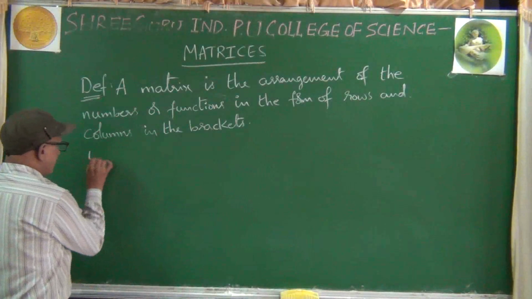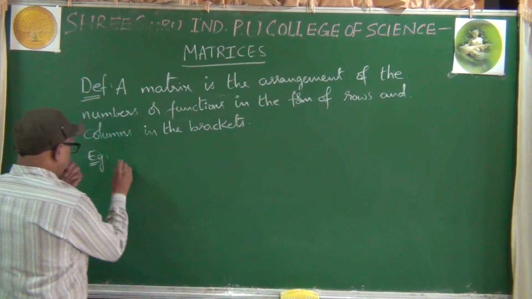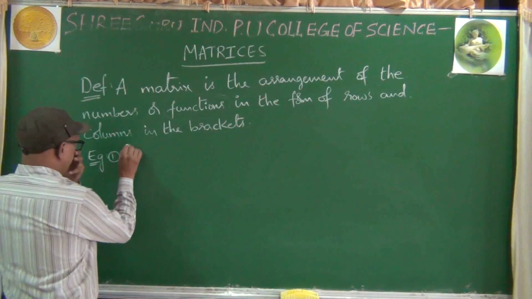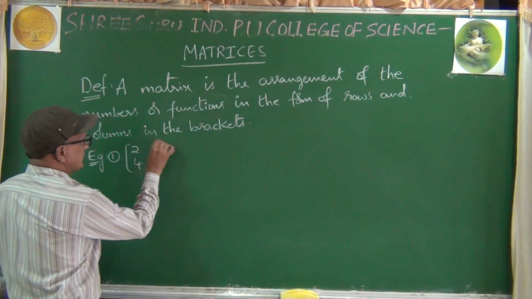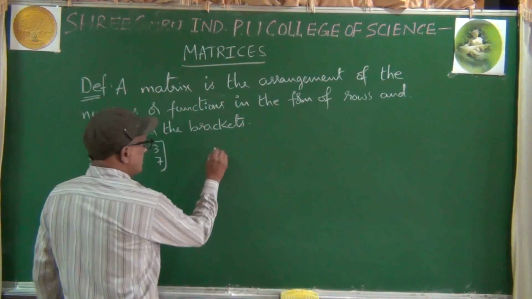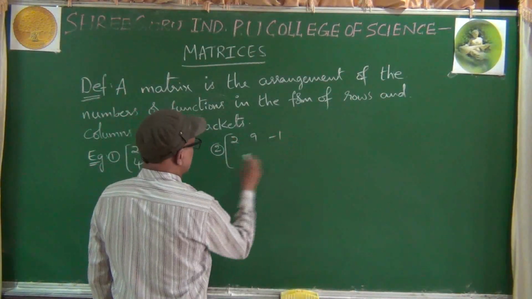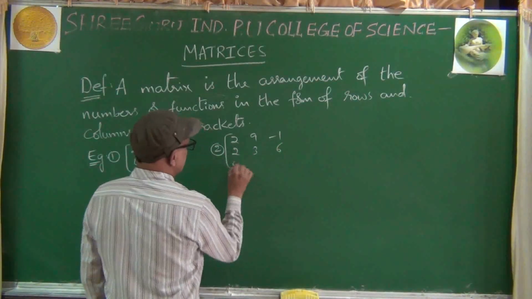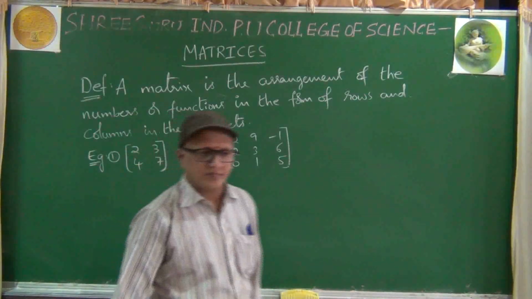Example 1: 1, 2, 3, 4, 7. This is one example of a matrix. Example 2: 2, 9, minus 1, 2, 3, 6, 0, 1, 5.